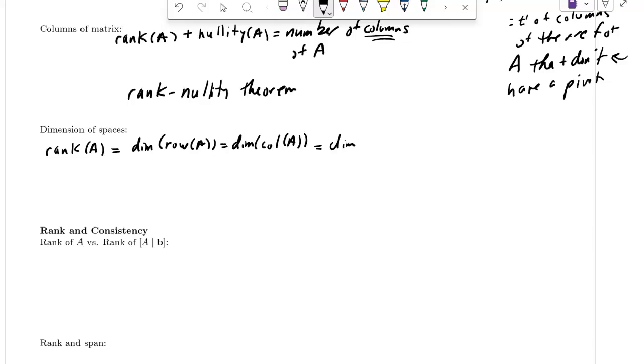Which, since we talked about the transpose, must also be that common value of the dimension of the row and column space of the transpose. It has to be that common value as well.